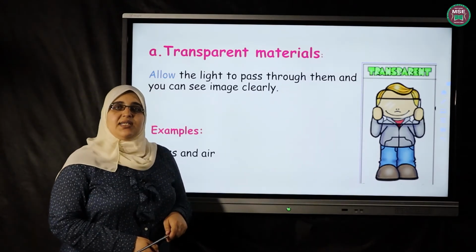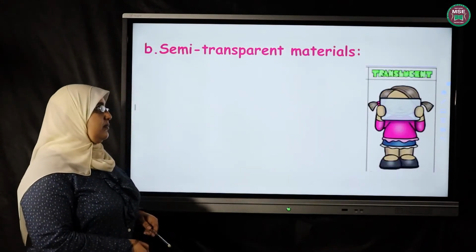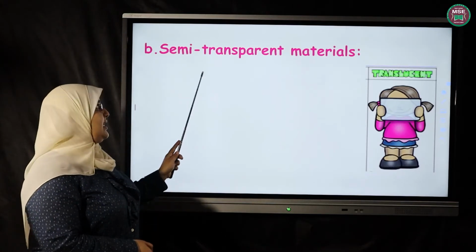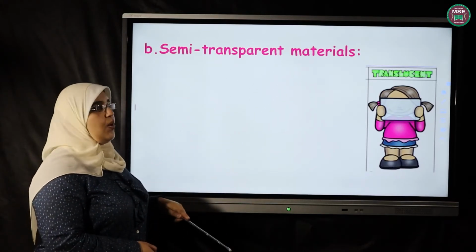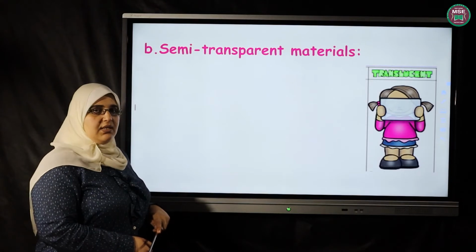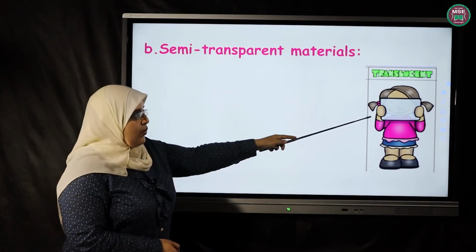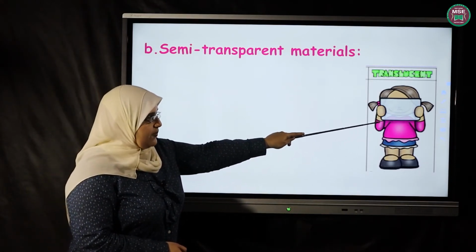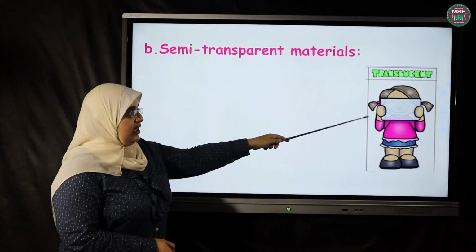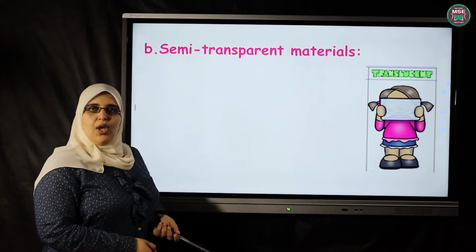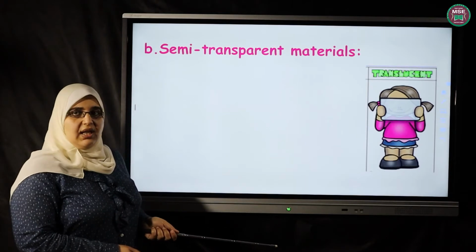Let's talk about the second type of the materials, the semi-transparent materials or the translucent materials. As we see here, can we see the image clearly like the transparent one? No, it seems to be less clear.